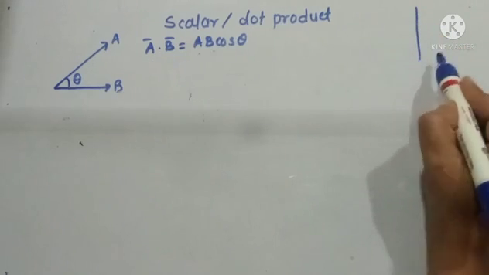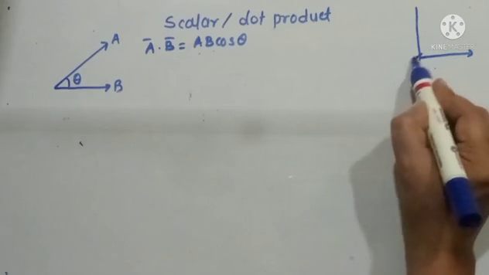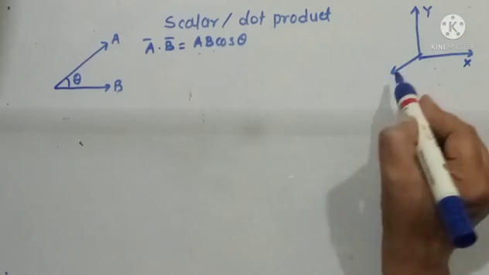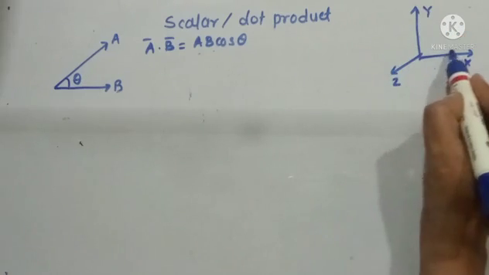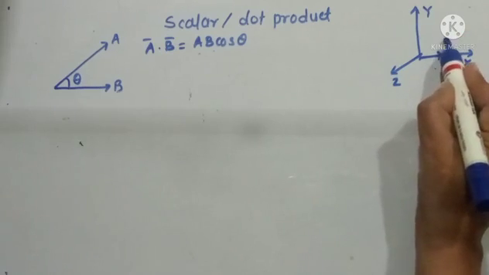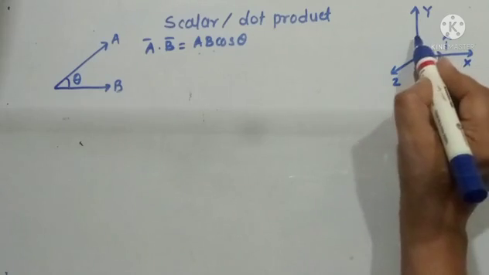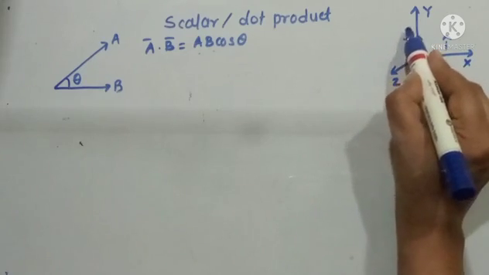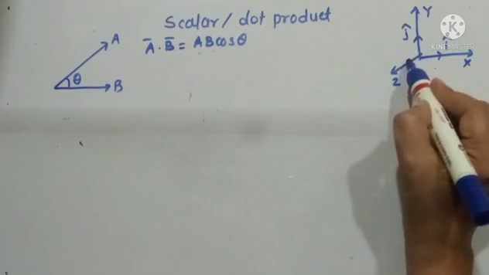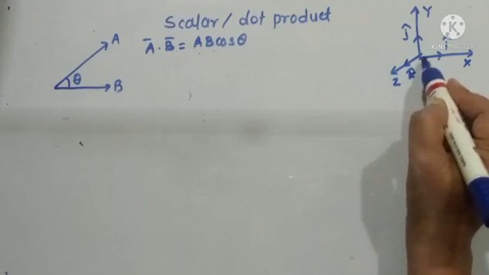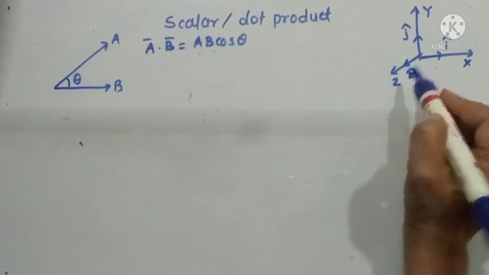Suppose we have a three-dimensional Cartesian coordinate system with x, y and z axes. Then vector i is a unit vector along the x axis, vector j is a unit vector along the y axis, and k is a unit vector along the z direction.